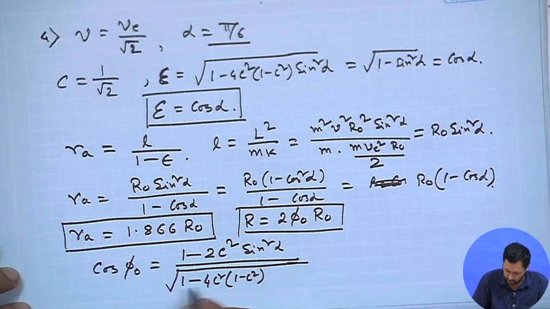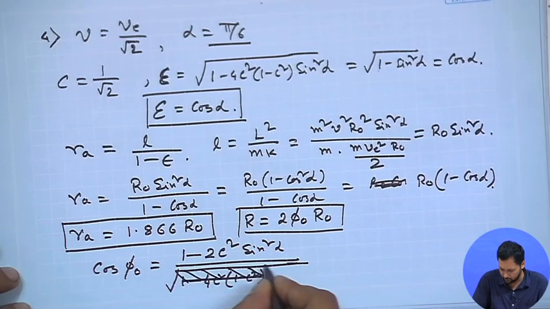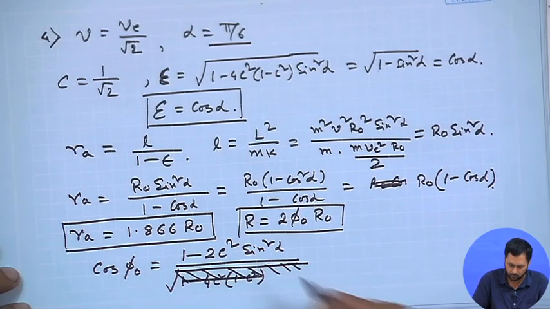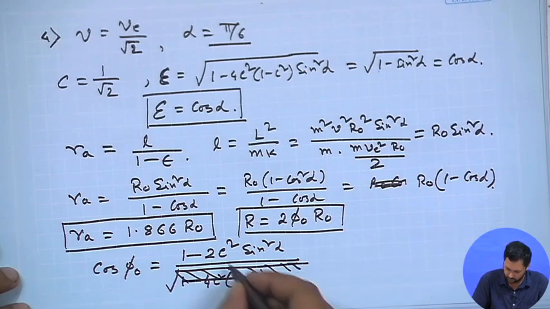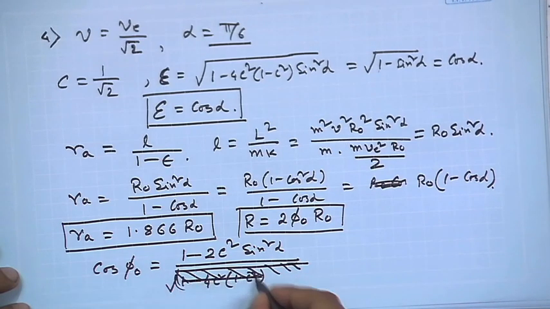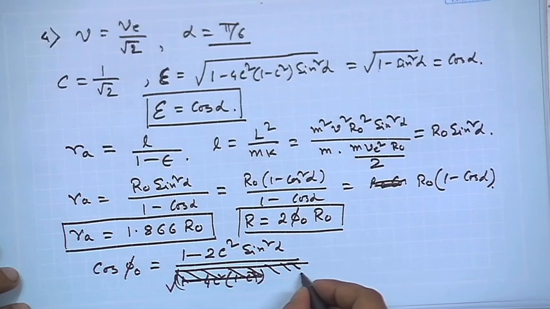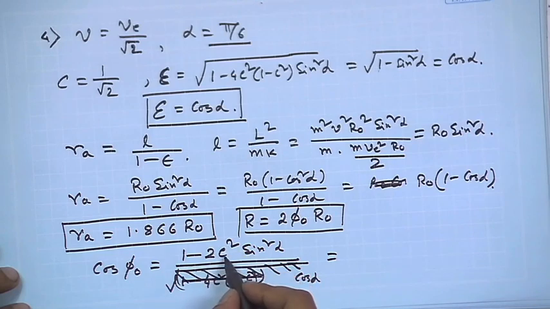We should not write this out, because it is nothing but root epsilon. So the numerator stays like this. For the denominator, we can just substitute cos alpha.